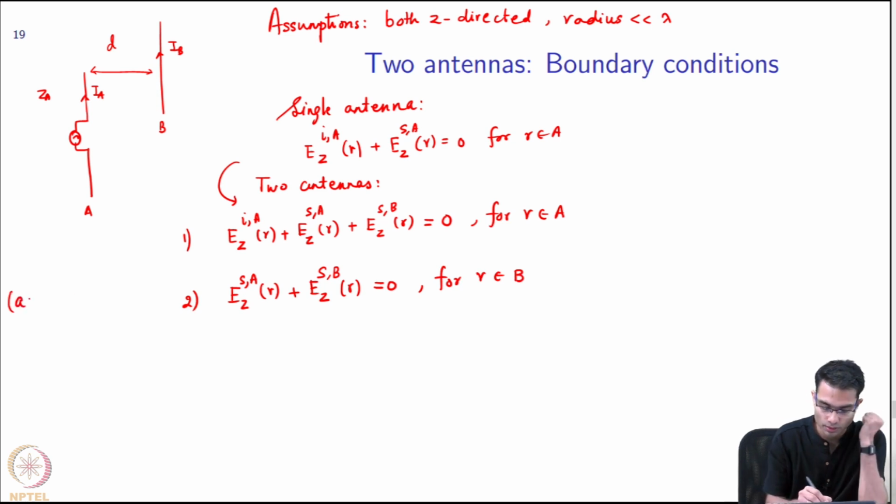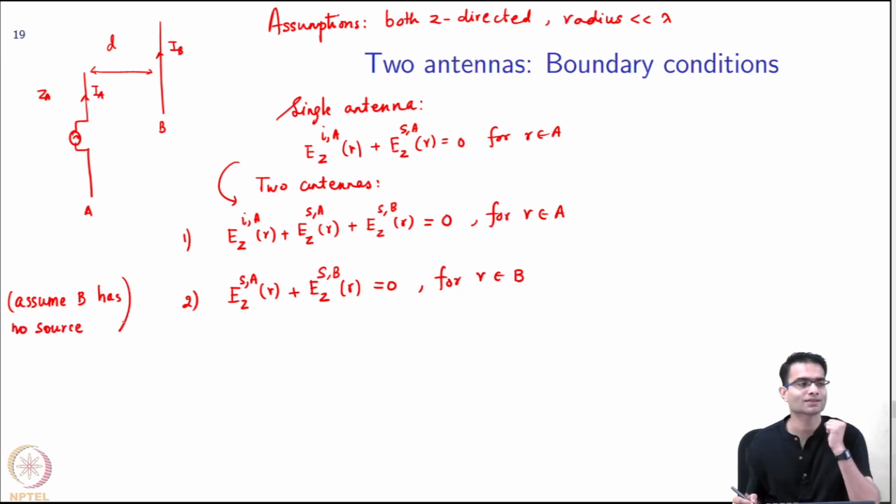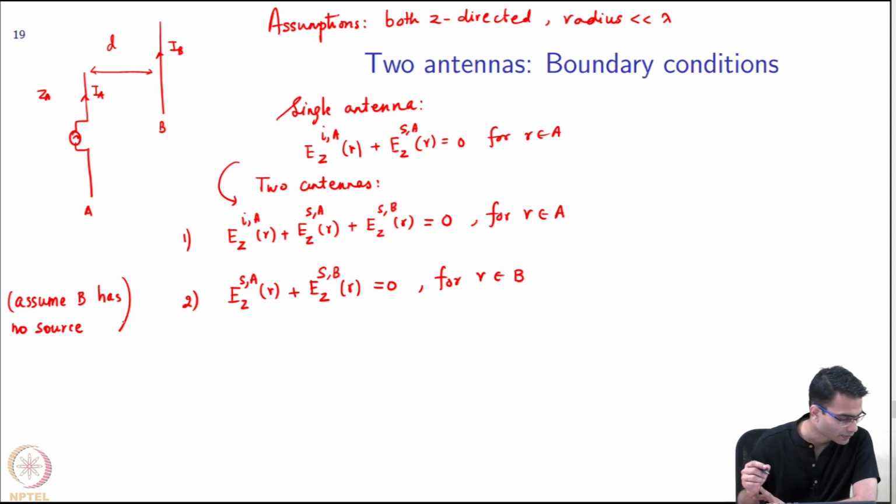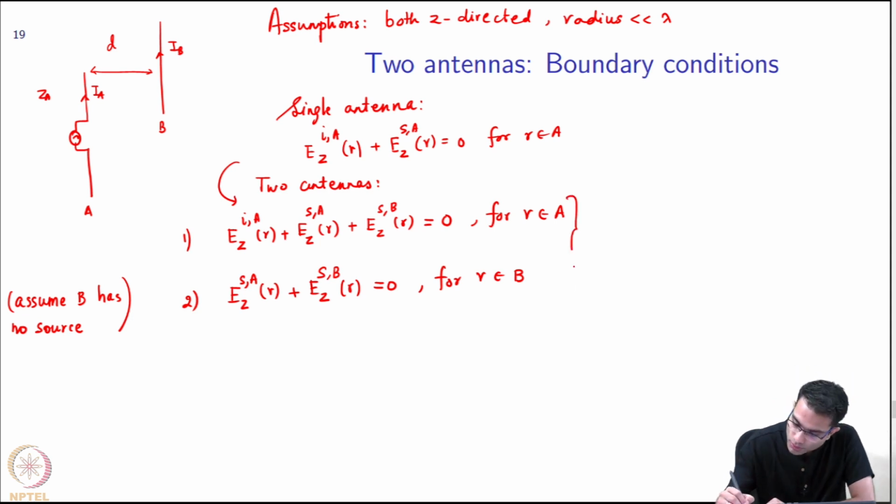So, we assumed B has no source. If it has a source, there will be an Ez^i_B, that is all. Okay. Very simple to deal with. These two conditions have a name, they are called null boundary conditions.